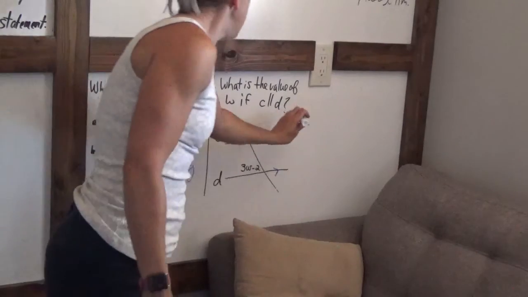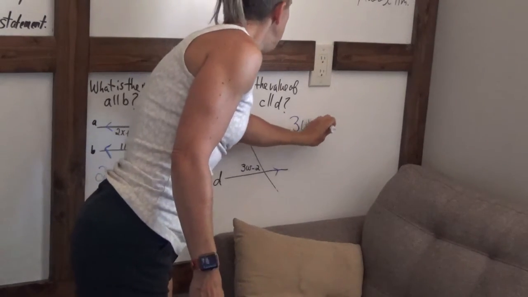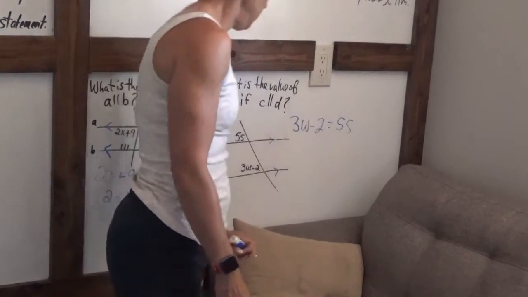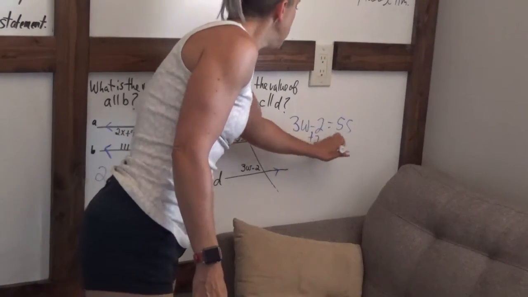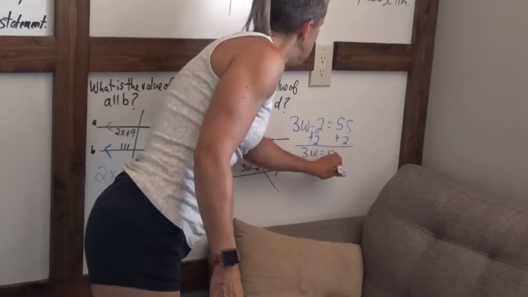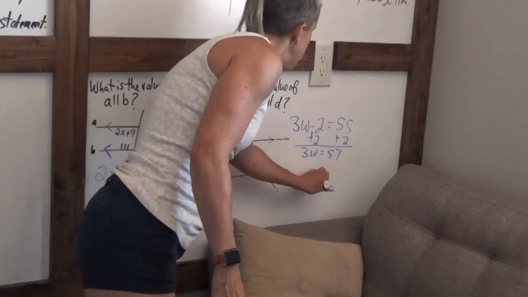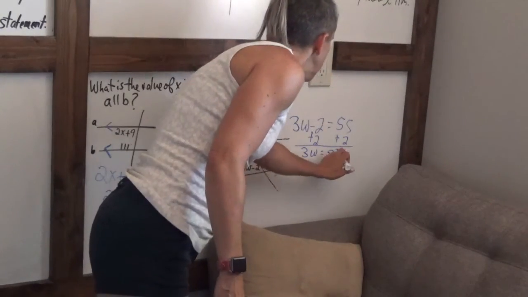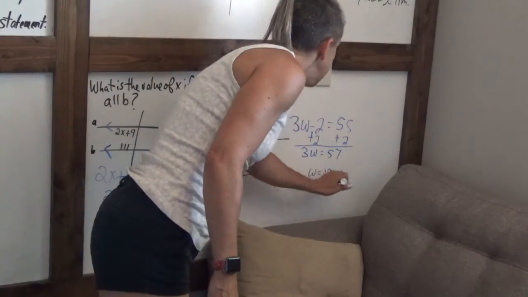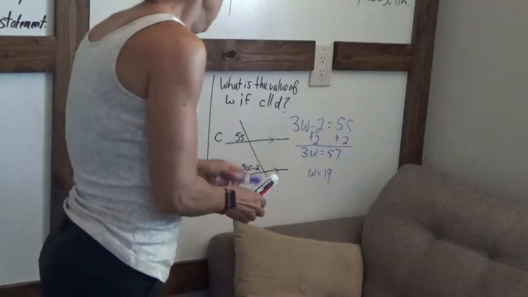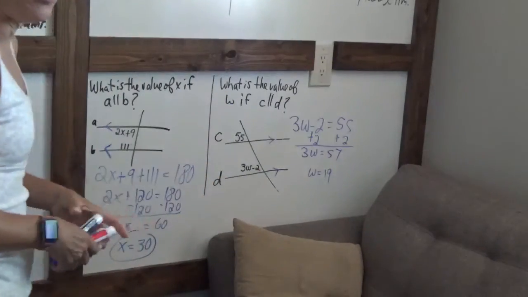I'm going to set up my algebra equation: 3w minus 2 equals 55 degrees. I'm going to solve the equation, adding 2. 3 times something to give me 57. Divide by 3. So what does that give us? 19. So the value of w is 19 there, because those lines are parallel.